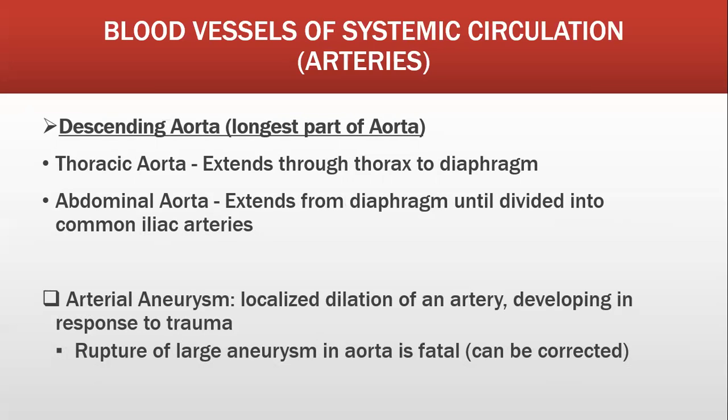It is a localized dilation of an artery developing in response to trauma. The rupture of a large aneurysm in the aorta is fatal. So when the aorta ruptures, it can cause death if our patient is not operated on right away.